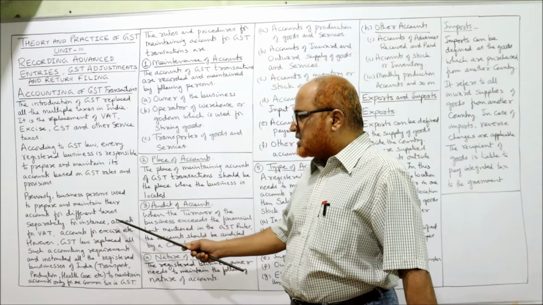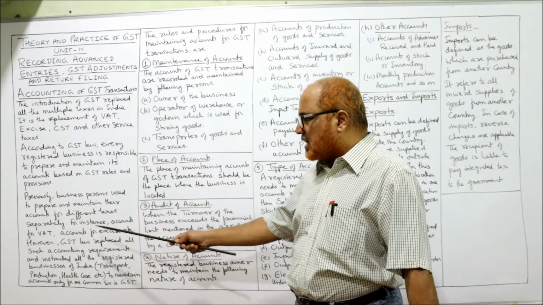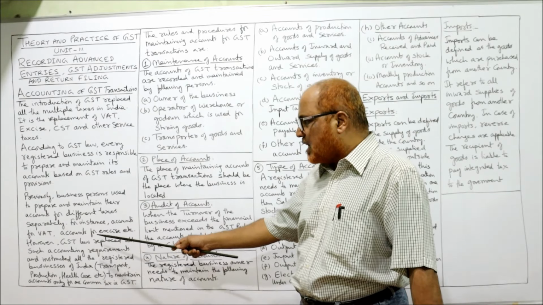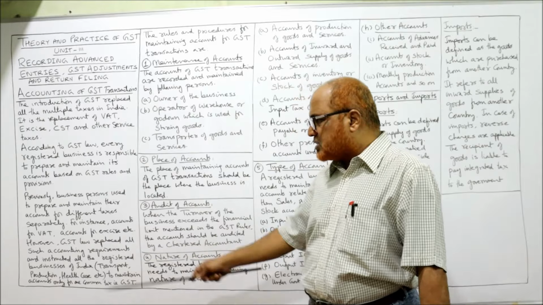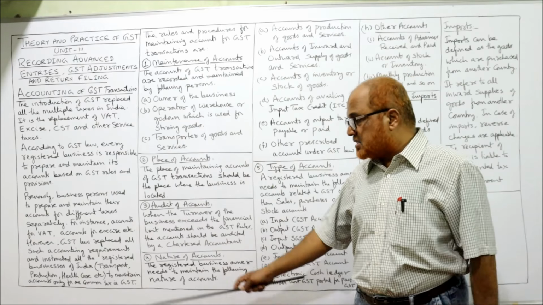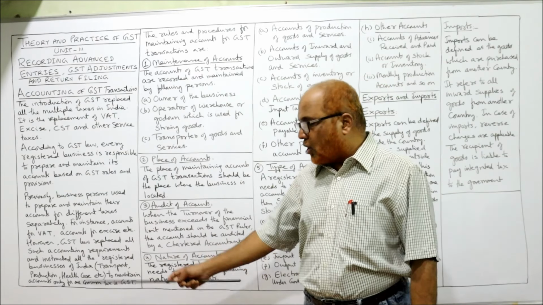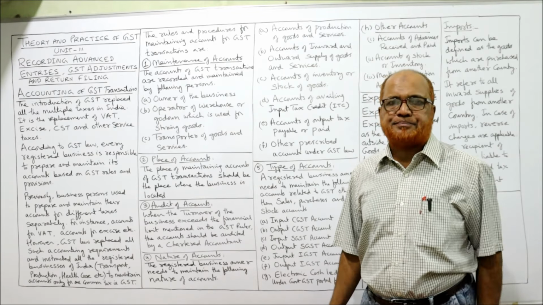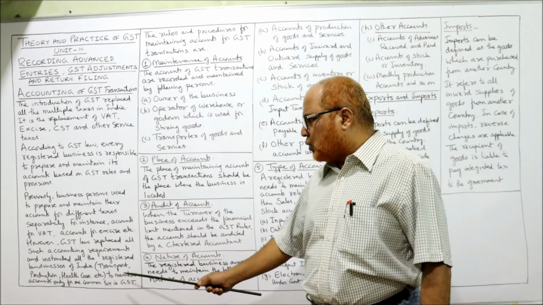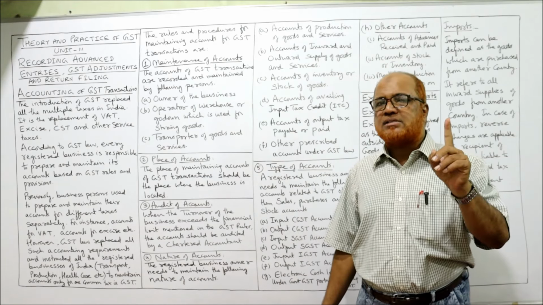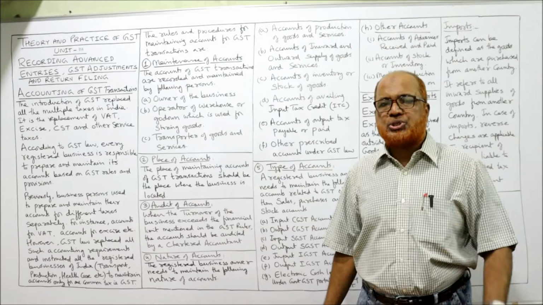GST law replaced all such accounting requirements, such as accounts for VAT and accounts for excise, and instructed all the registered businesses of India, whether the business is transport, production, healthcare or any other activity, to maintain accounts only for one common purpose, and that common purpose is GST.